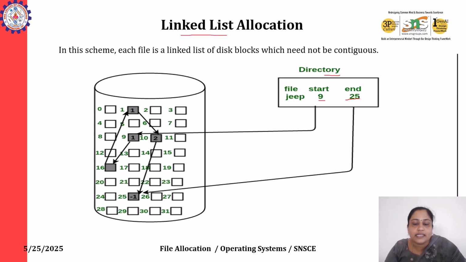Each pointer points to the address of the next block. At the 25th location, you have a null pointer, which means that it does not point to any other disk blocks. This is how a linked allocation is done.